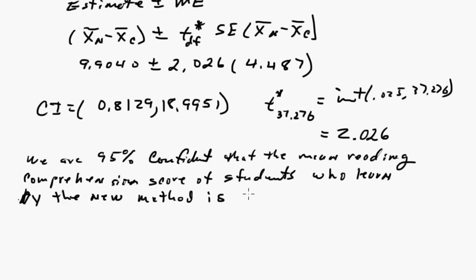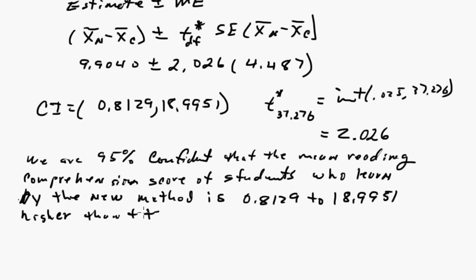Well, no, is 0.8129 to 18.9951 higher than the mean scores from the traditional method.